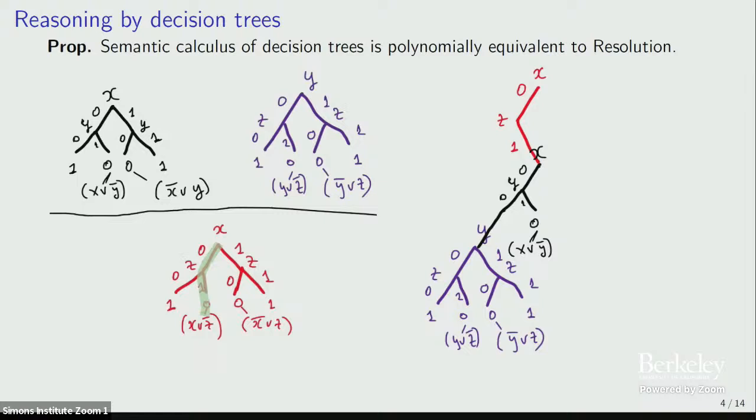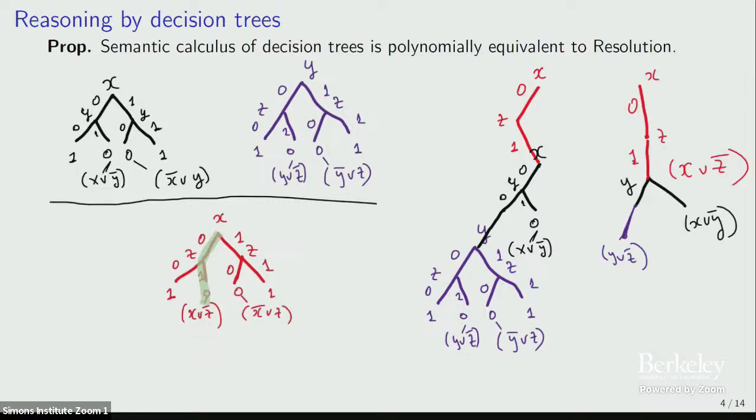If we delete all inconsistent parts, we get something like this, and this is just a decision tree. At this point, the clause that we consider is refuted. So this is a tree-like refutation of this clause from the other clauses, and the size of this refutation is polynomially connected with the size of these decision trees.